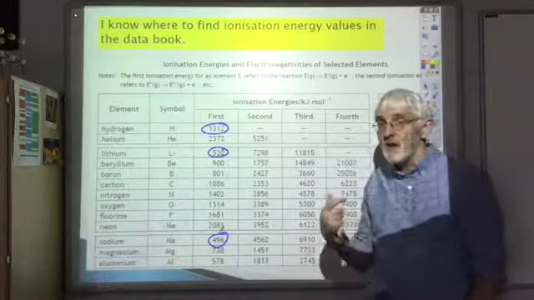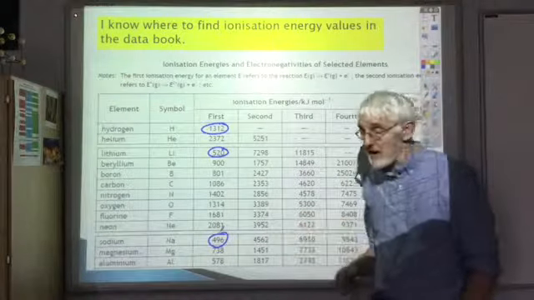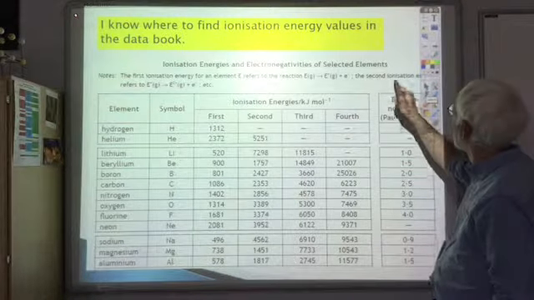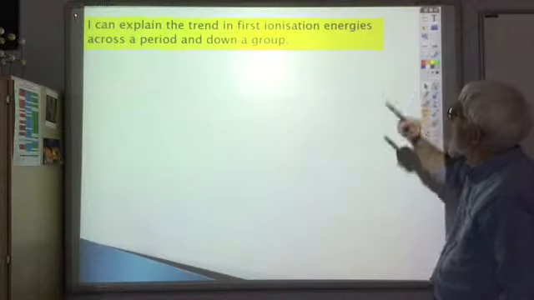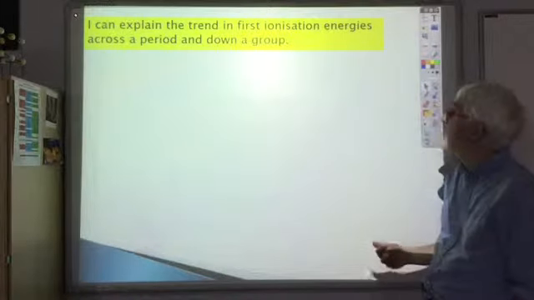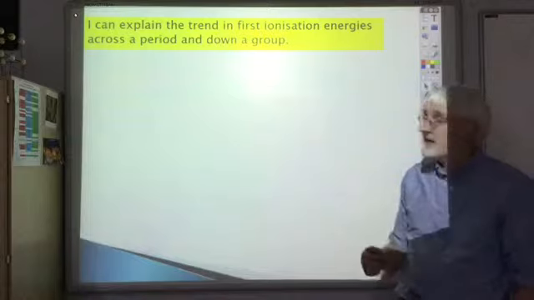Again, you don't need to learn the trend, you can just look it up in the data booklet. However, you do have to explain the trend in first ionisation energies going across a period and down a group.